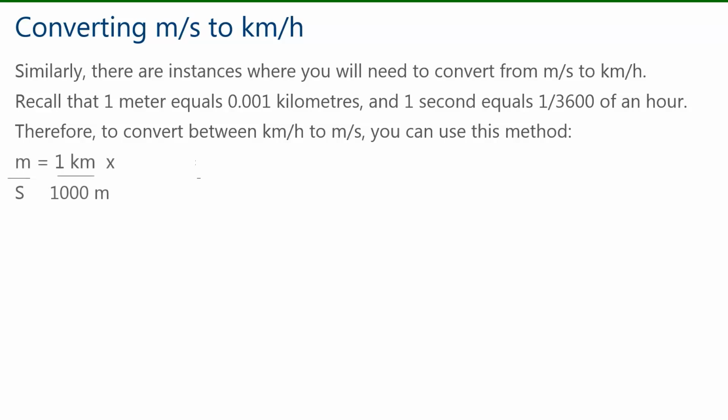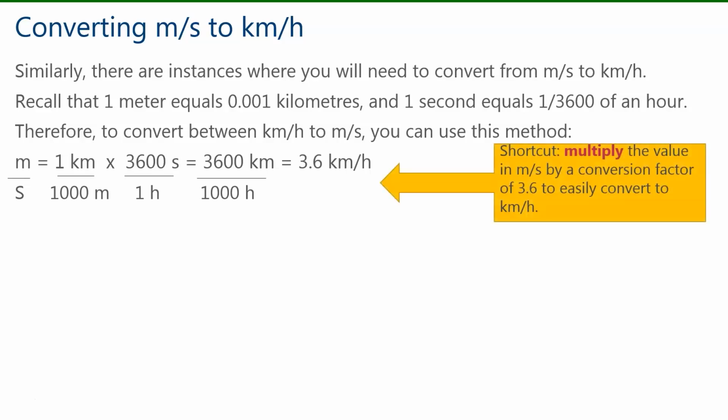Meters per second is equal to 1 kilometer per 1,000 meters times 3,600 seconds in 1 hour, which gives us 3,600 kilometers per 1,000 hours, which is equal to 3.6 kilometers per hour. A shortcut then is to multiply the value in meters per second by a conversion factor of 3.6 to easily convert from meters per second to kilometers per hour.